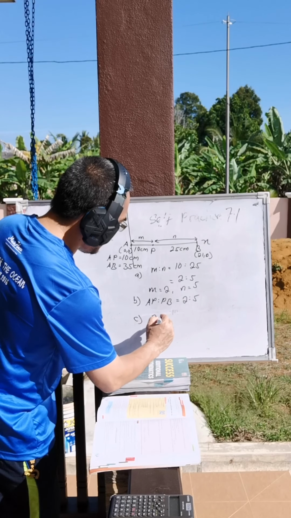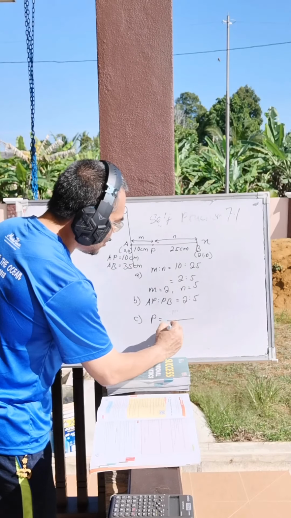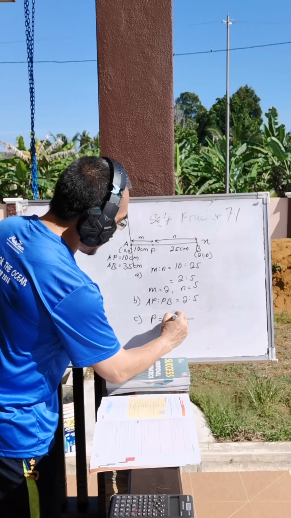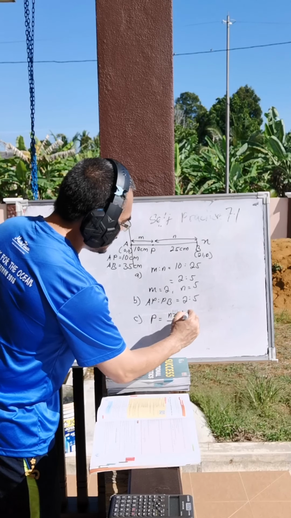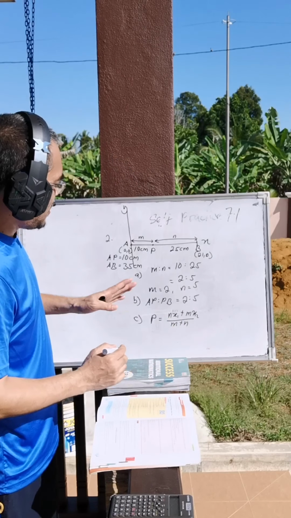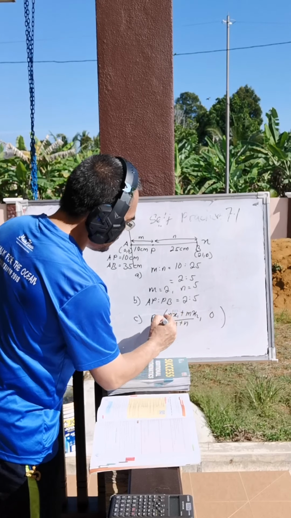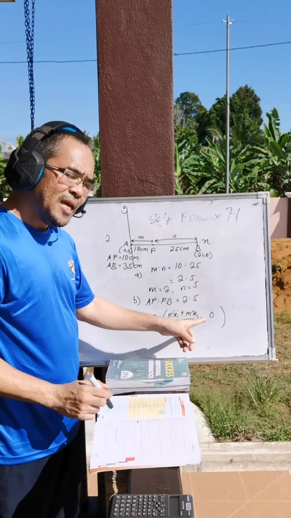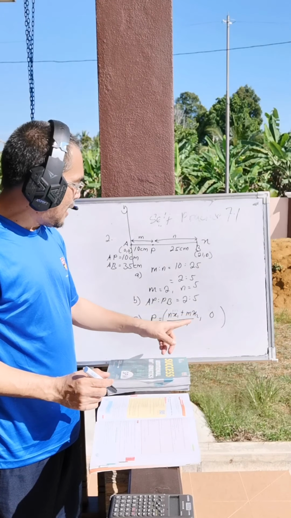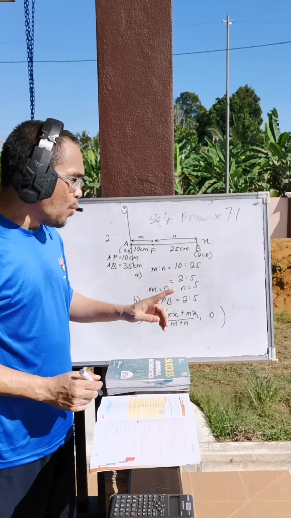The coordinate of P will be, I like to write the denominator first, M plus N, here will be N times x1 plus M times x2. We do not need to do the y because the value of y will be 0, but basically the ratio for y is also in that form, with y1 and y2.